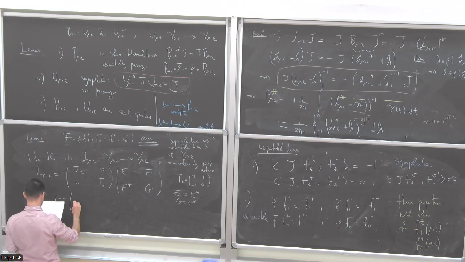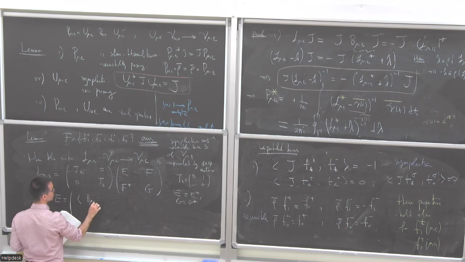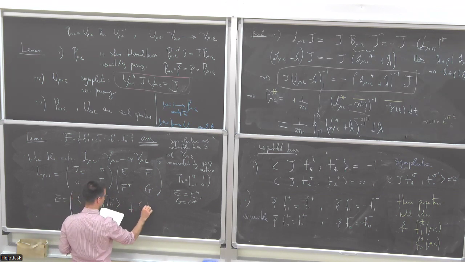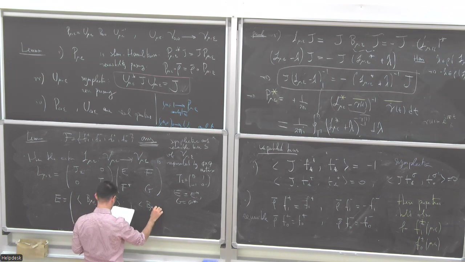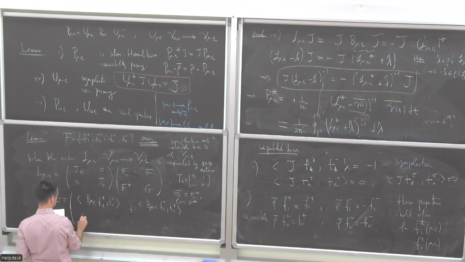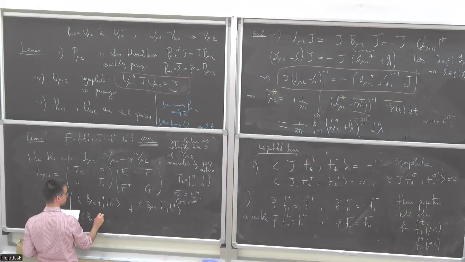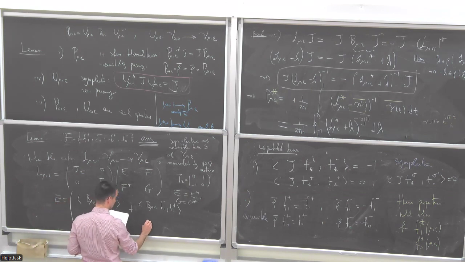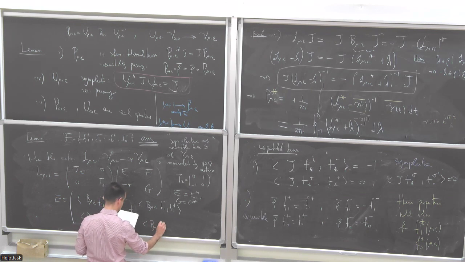So E is a 2 by 2 matrix given by the scalar products between B mu epsilon F1 plus, F1 plus; here we have B mu epsilon F1 minus, F1 plus; here you have B mu epsilon F1 plus, F1 minus; and here you have B mu epsilon F1 minus, F1 minus.